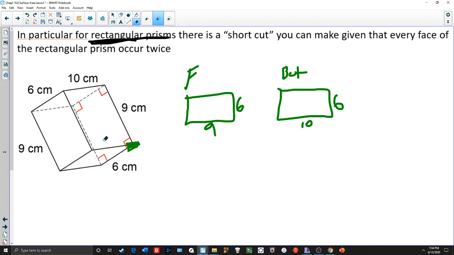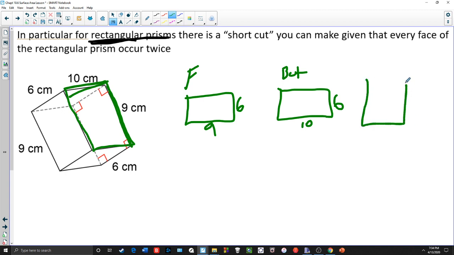And then I'll take my right side here, this side over here. That looks to be 9 going this way by 10 going that way. So we'll do a little 9 by 10 for my right side. And so instead of finding all the other ones, as long as I find these, front, because that corresponds to back as well, bottom, because that corresponds to top, and right, because that's going to be the same as the left, all I need to do is figure out the areas of each of these shapes here.